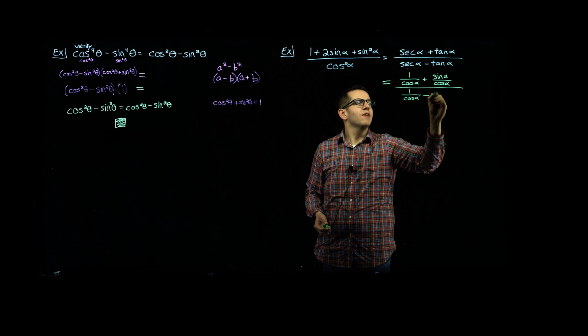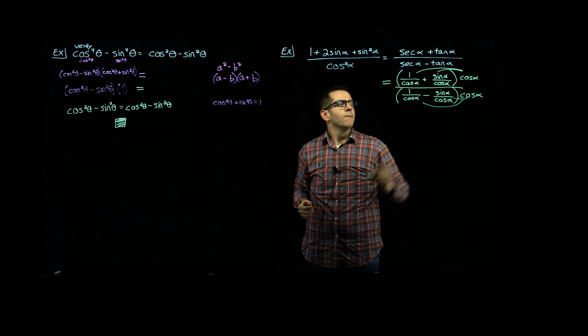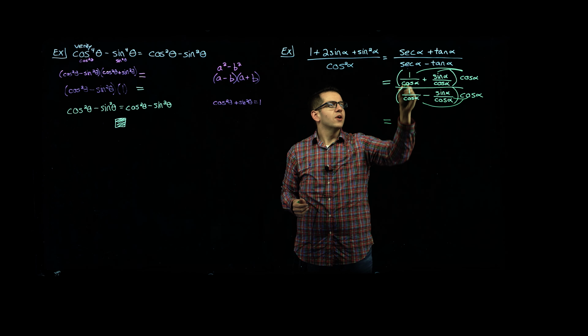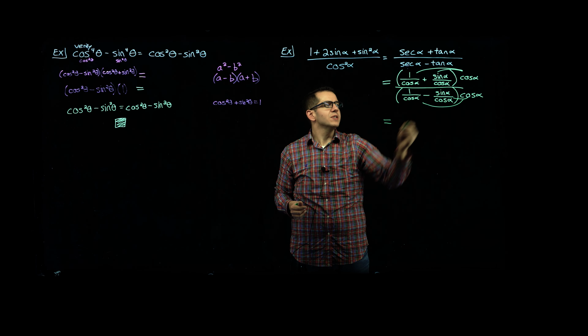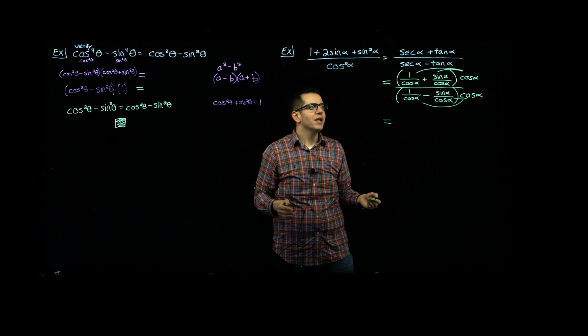So when we distribute this to every term, the cosine alpha in every single denominator is going to cancel out, leaving us with 1 plus sine of alpha over 1 minus sine of alpha.